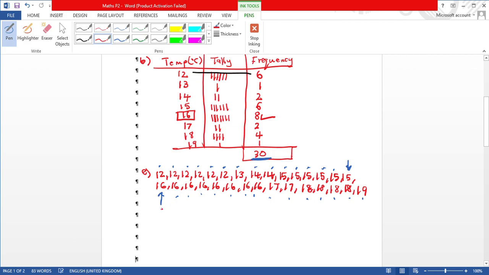So the median is going to be 15 plus 16 divided by 2, which is going to give us, let's put it in the calculator, 15 plus 16, divided by 2, 15.5. 15.5 is our median.